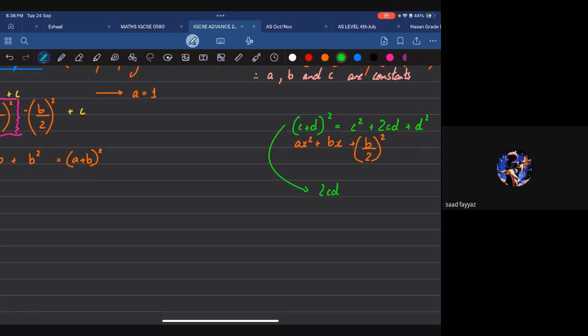Technically, what's happening is that 2 is being multiplied with C and D. So in order to find D, can I just say that it's 2 over C? Can I say that? Oh, sorry, C over 2. Can we do this?